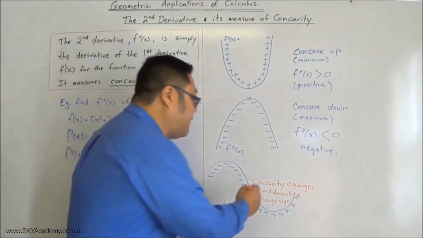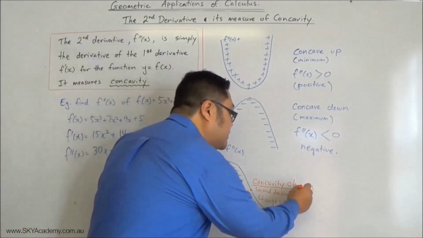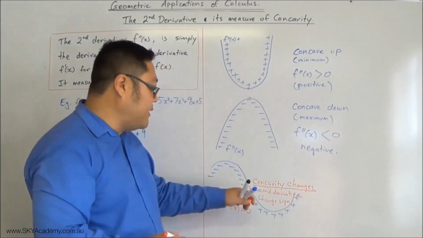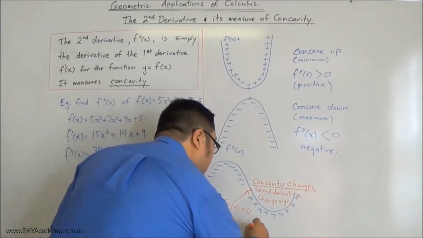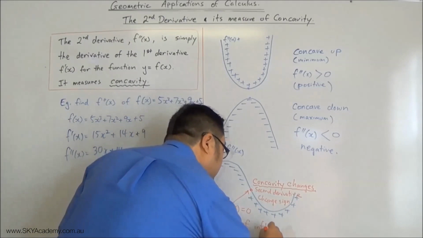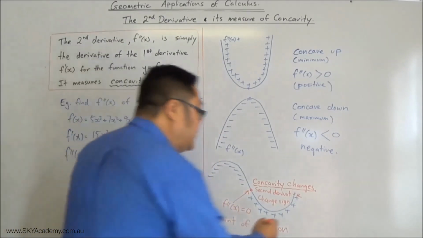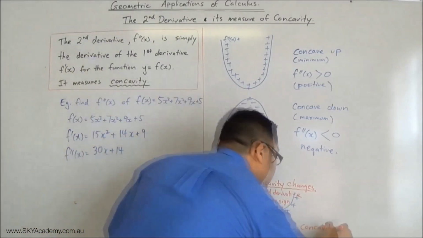The concavity changes, the second derivative changes sign. That point there is what we call a point of inflection. A point of inflection is basically where concavity changes.